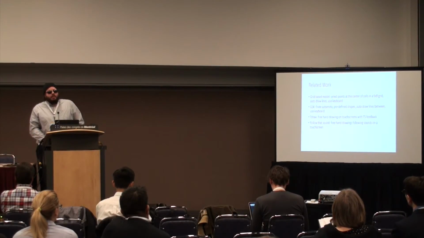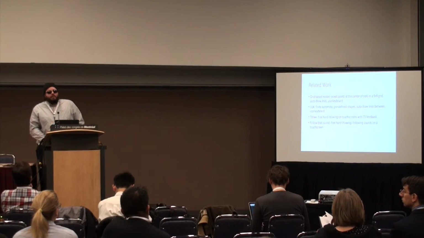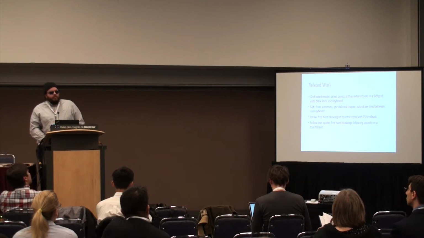The users would place their finger and draw a line, and then they would get text-to-speech feedback and place their finger at another point and draw another line. So the lines were wavy, and they would have to draw each line from each point. That is most of the related work.